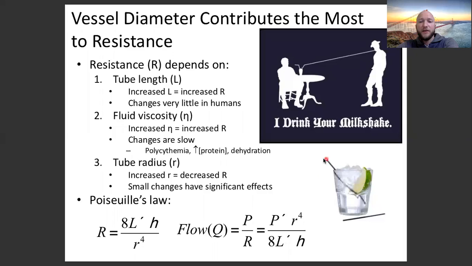Compare that with trying to drink through one of these little stir straws. I believe these straws are actually meant for stirring more than drinking through, but I'll admit it, I've tried to drink through one of them before, and it is not easy. You cannot get a lot of liquid up through these straws. Radius has a significant effect on resistance.